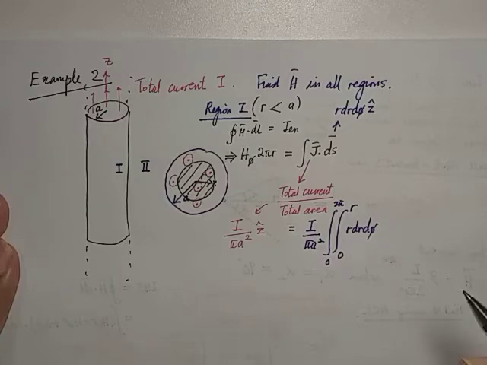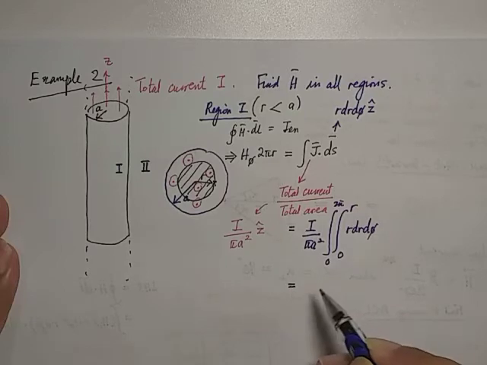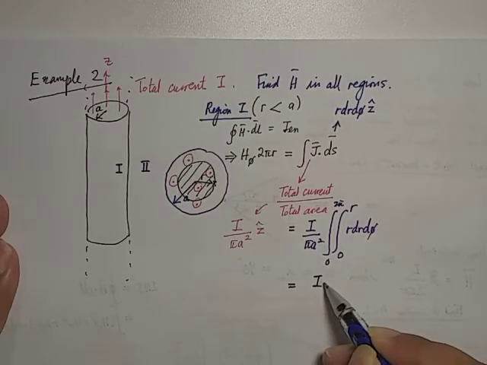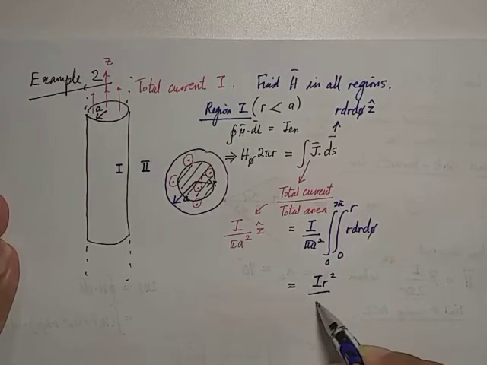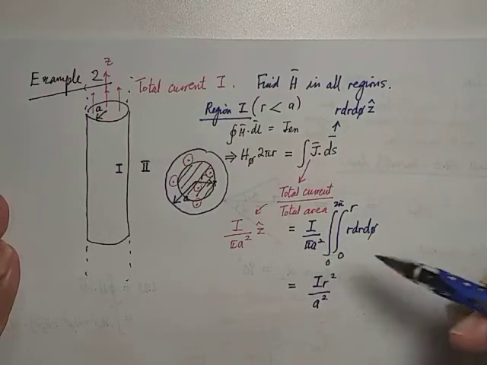Now, what should be our solution based on this mathematics? Should be I R² over A², correct? Because this is going to end with πR², so the π cancels.